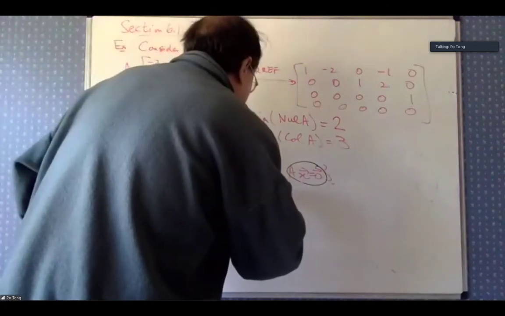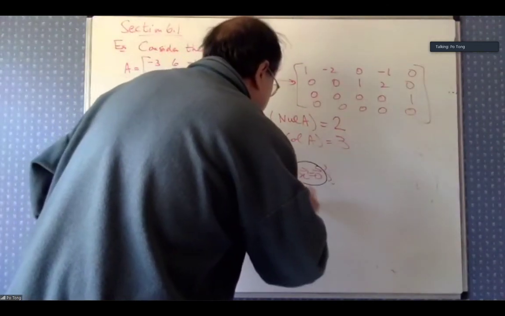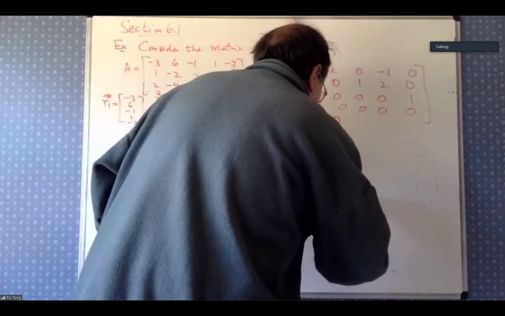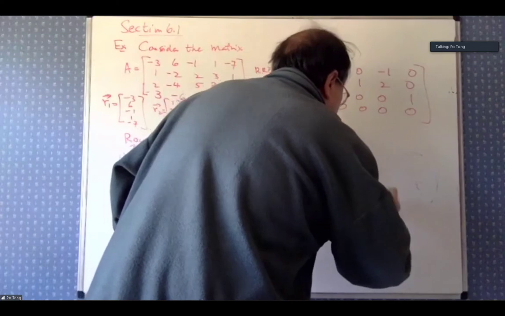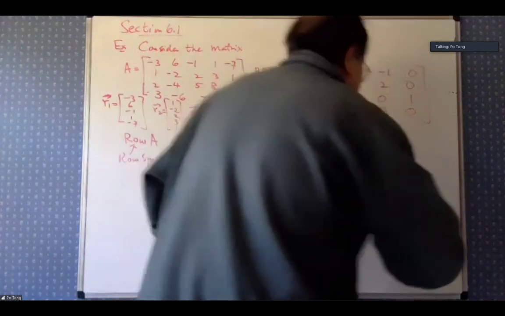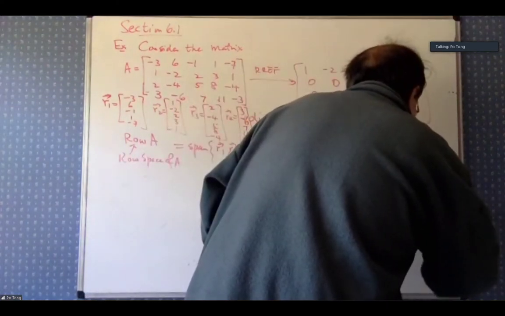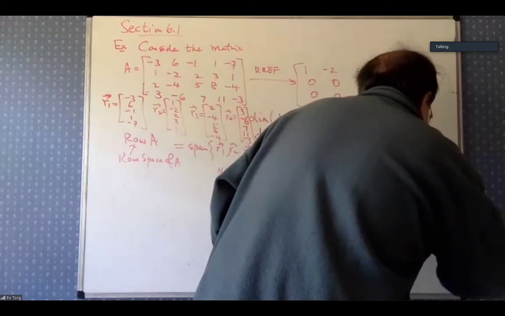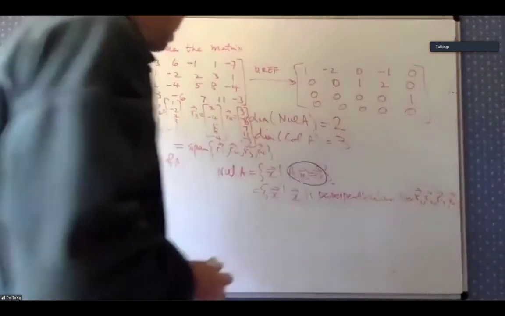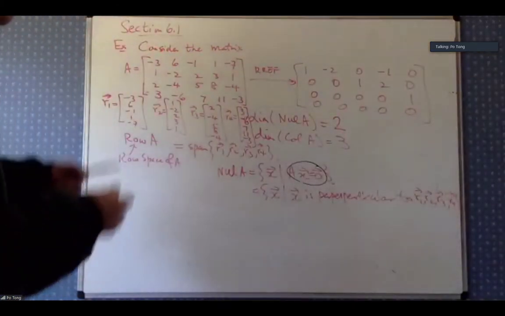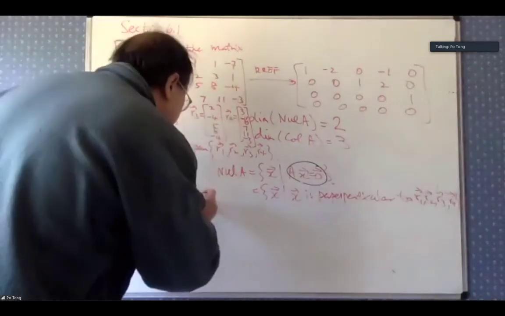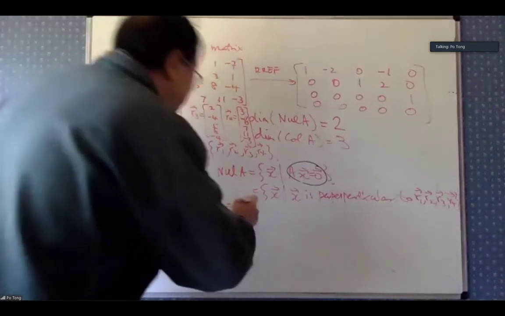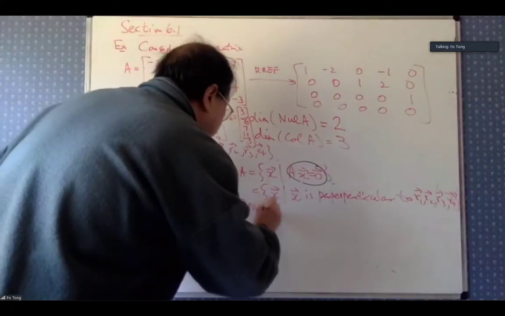So these are all the x such that x is perpendicular, or orthogonal, the same thing, to all the rows. Because of that, we conclude that the null space of A is equal to the perp of the row space of A.